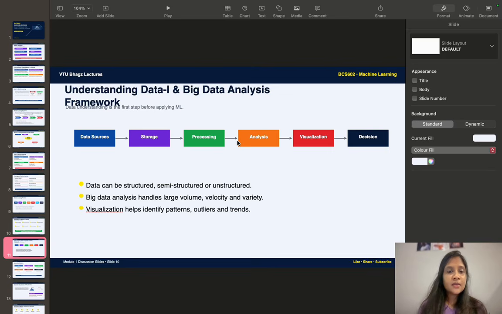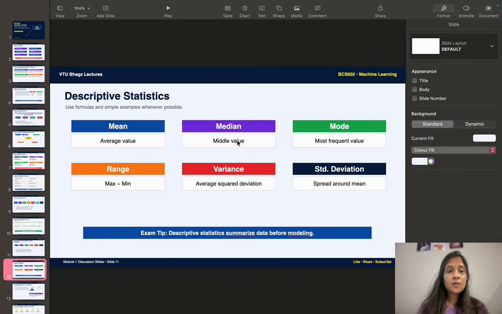Next question is about descriptive statistics, a very important concept. They can ask you to explain descriptive statistics. Descriptive statistics is used to summarize and describe the data. It helps us understand the basic nature of the data set.